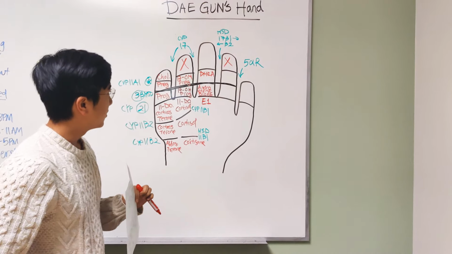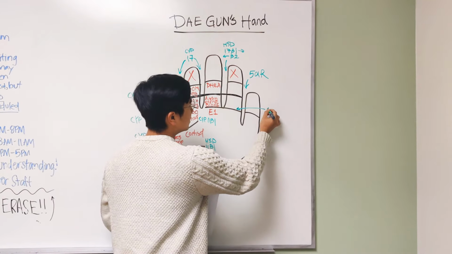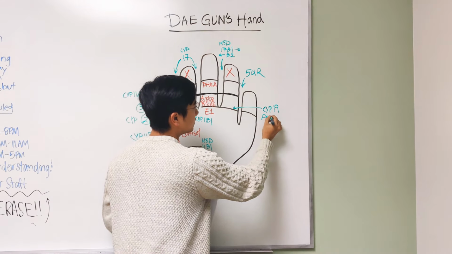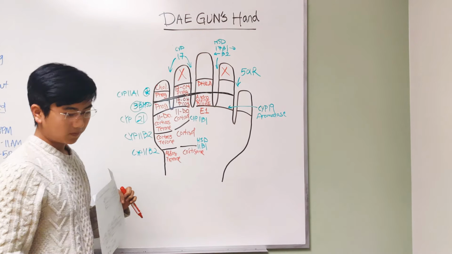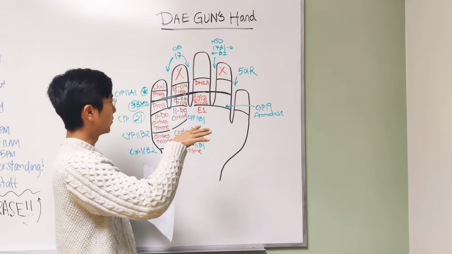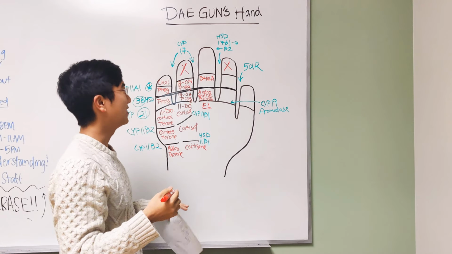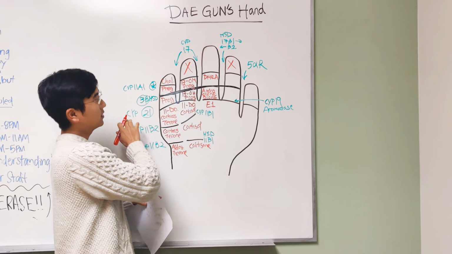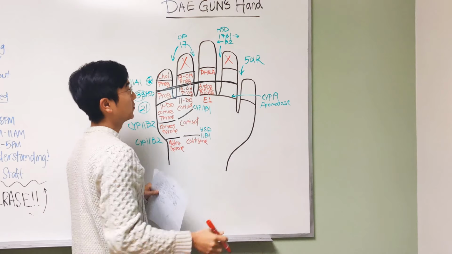There is an enzyme right here, and that enzyme is CYP19, which is aromatase. As it crosses that line, it becomes estrone, which is E1. Remember, these two fingers are by CYP21, and these two fingers are by CYP19, or aromatase.